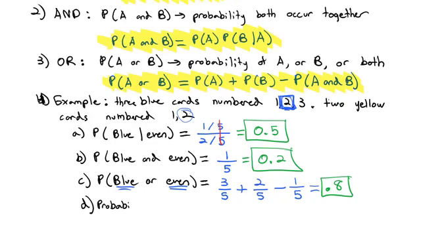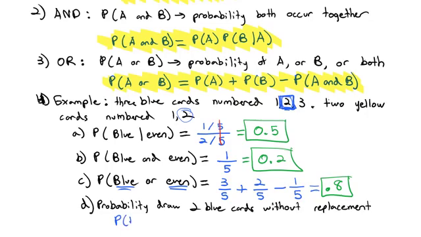Probability I draw 2 blue cards without replacement. What I'm really saying is, what's the probability the first one is blue? And what's the probability the second one is blue?